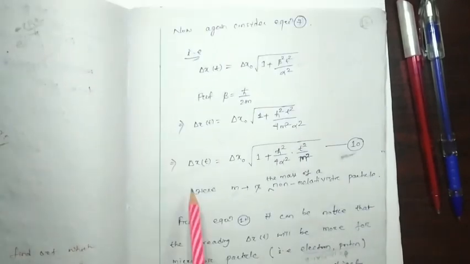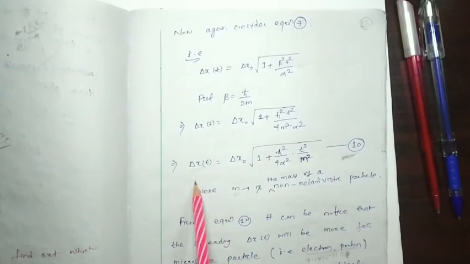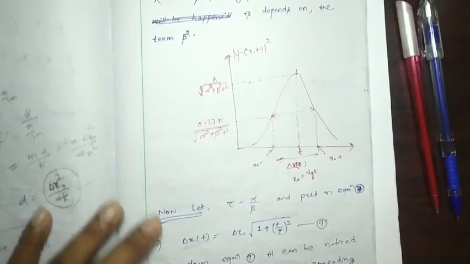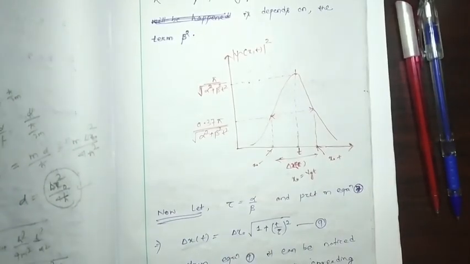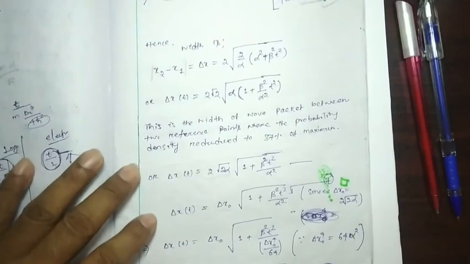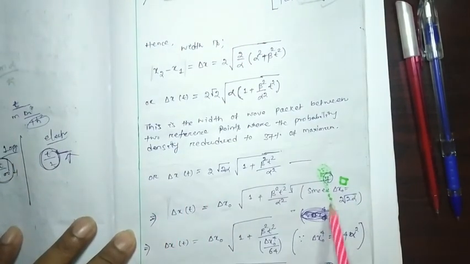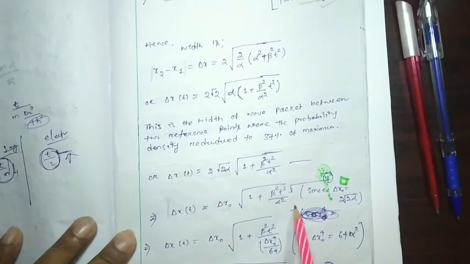Okay, so this is the representation of the wave packet with respect to the mass. Or you can stop your writing over here also, no problem. This equation number 7 also represents the so-called spreading.